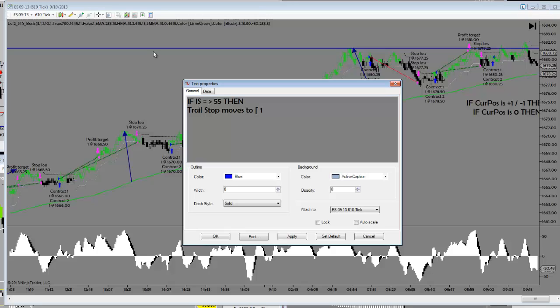Now we're going to move it to 1.618. Or we could even do it based on a static number. We could say trail stop 2, and then we could make this a static number. And this might be 4 ticks. Okay, if internal strength hits plus 55, then trail stop 2, low of bar, and then it would be 1 bar ago.